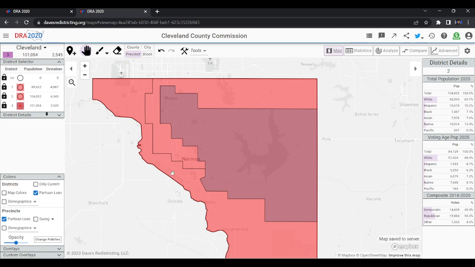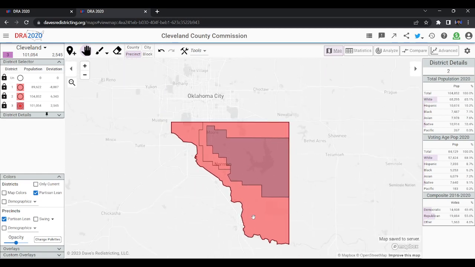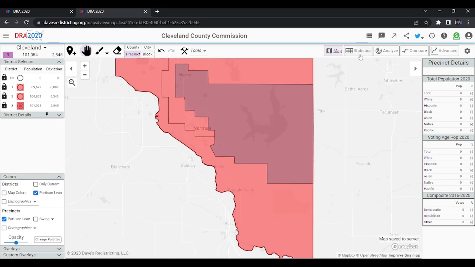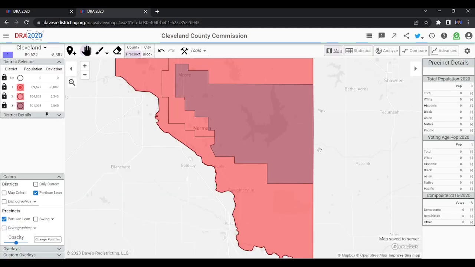And the district next to it, R+14.6, right? And this is in the composite. And compositely, Cleveland County is about 55% Republican, 40% Democrat. But at 40% Democrat, you would expect at least one district to be slightly favorable to Democrats, right?